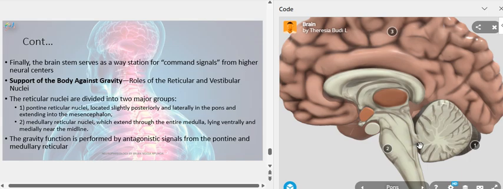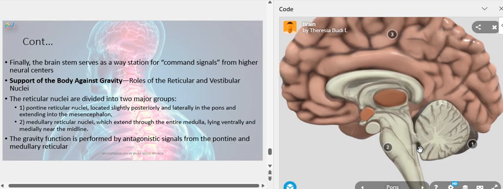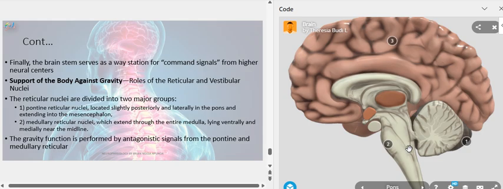So we have the pontine reticular area, that which is adjacent to the pons, and we have the medullary reticular areas. We are suggesting that they are playing different roles. The pontine reticular nuclei are located posteriorly and laterally in the pons, extending to the mesencephalon.